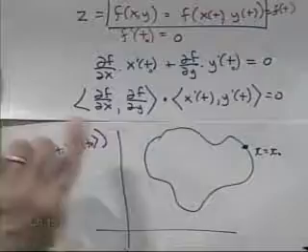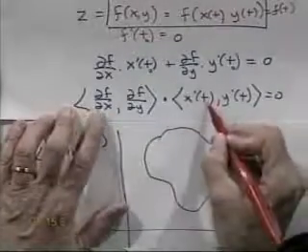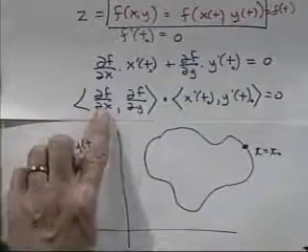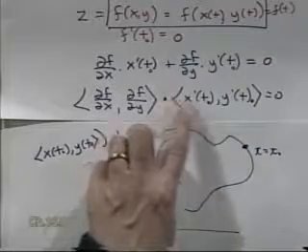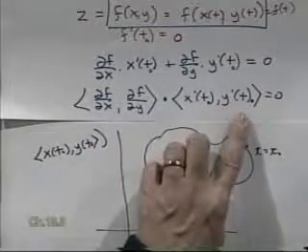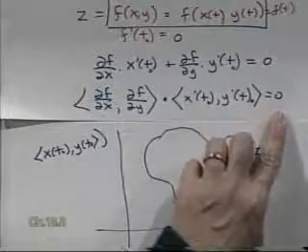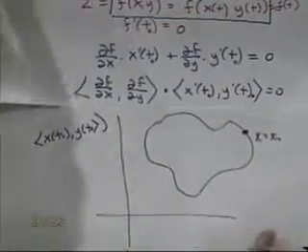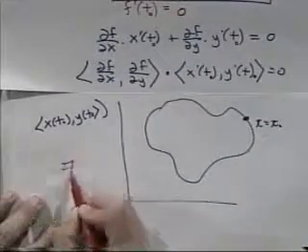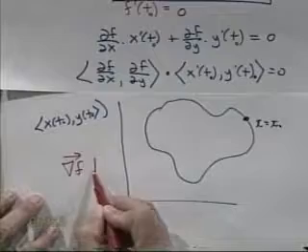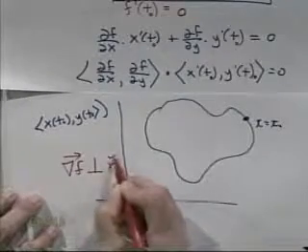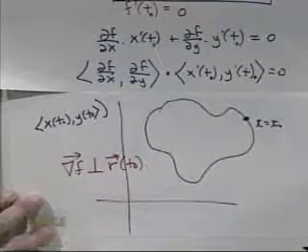Well, we just proved if you have a max or a min at that t naught, the gradient of f dotted with x prime of t naught comma y prime of t naught is 0, which tells me that the gradient of f is perpendicular to r prime of t naught.